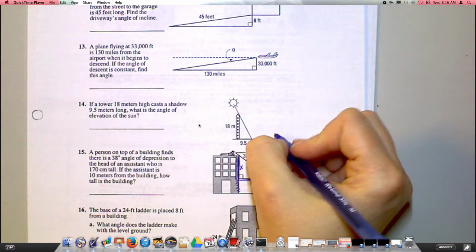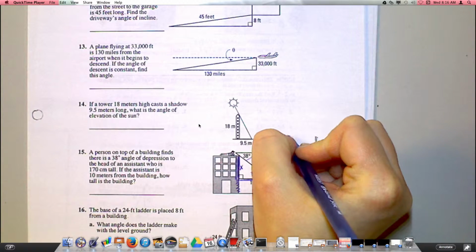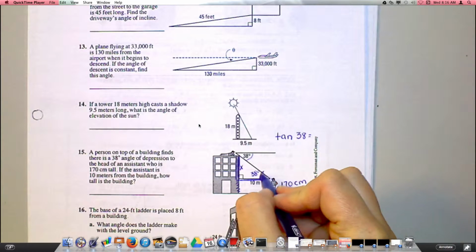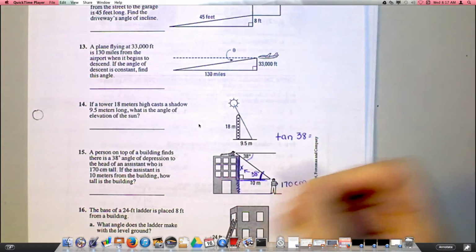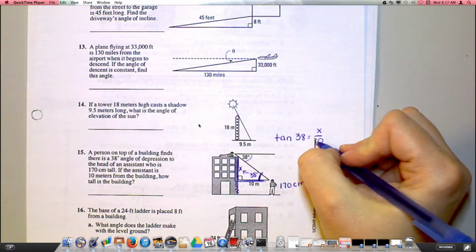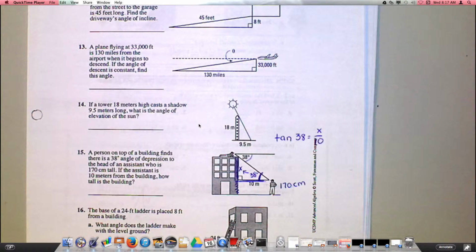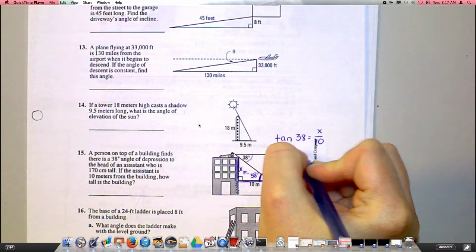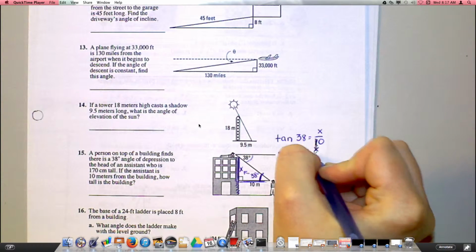Tangent, yeah. So I'm going to set this up as tangent of 38 equals, and from the 38 I would do opposite over adjacent, so that would be x over 10. Sorry, you can't really see my 10 there. Help me out with tan of 38 from your calculator. 4 decimal places, please. 0.7812 equals x over 10.